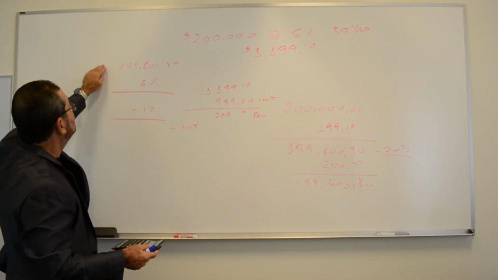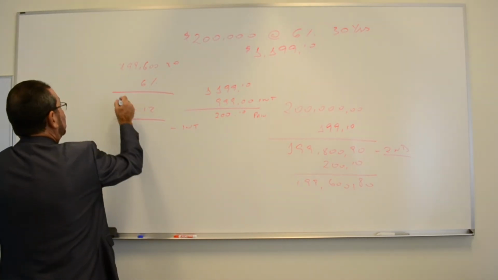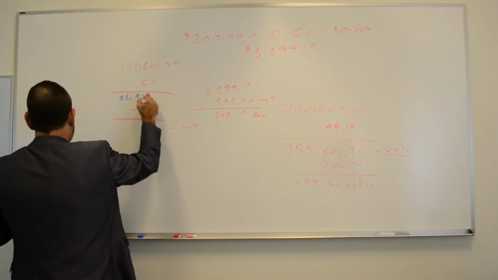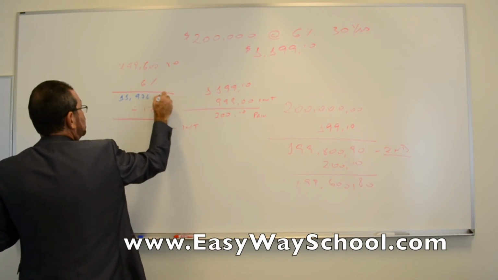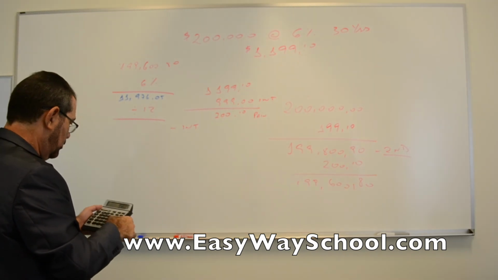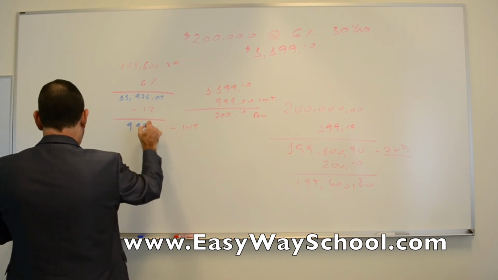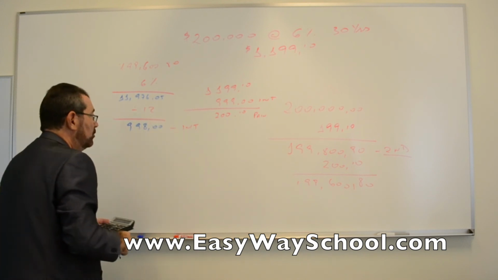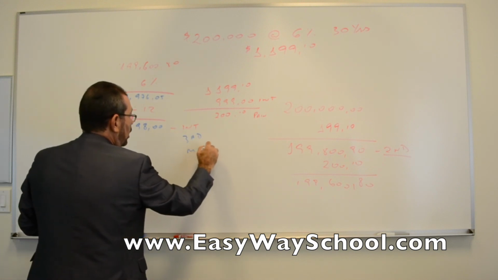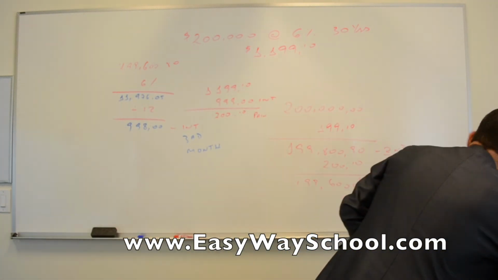I will bring it here. I'll multiply by 6%, same thing, and that comes up to be 11,976.05. That divided by 12 will give me $998. So that's my interest for my third month. That's the answer for the question.